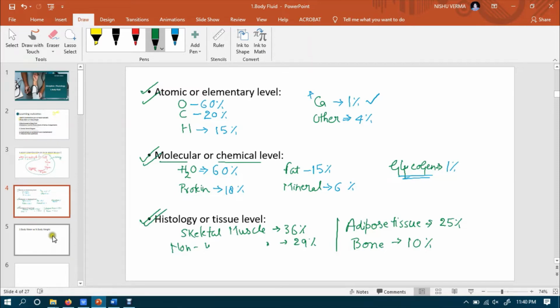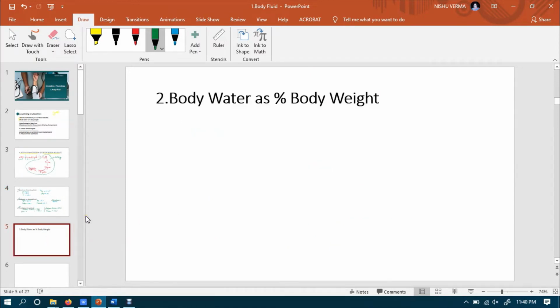Next we are going to learn body water as a percentage of body weight. It is a very important topic, because I think many questions come from it, so it is very important to learn. We begin with total body water.